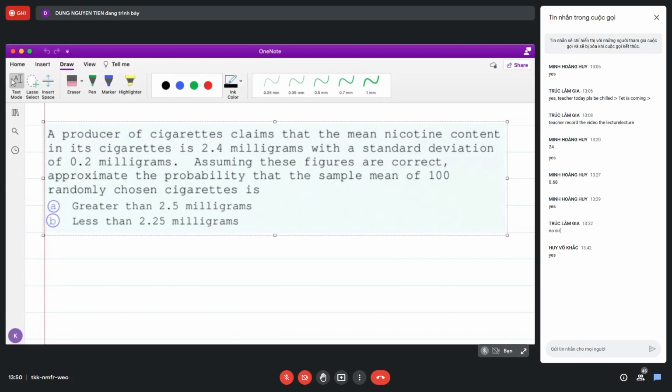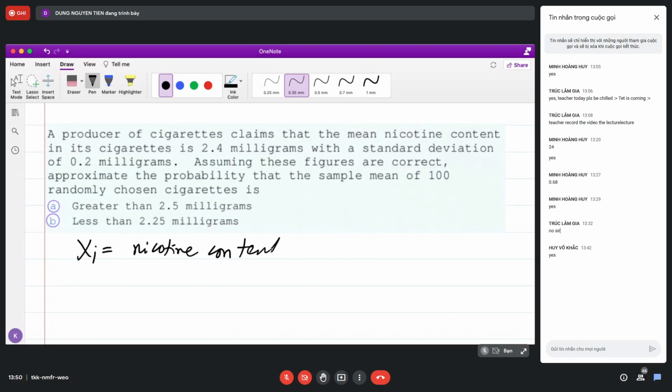Okay, so in this case, what do you get? Suppose that xi is the nicotine content in the i-th cigarette.